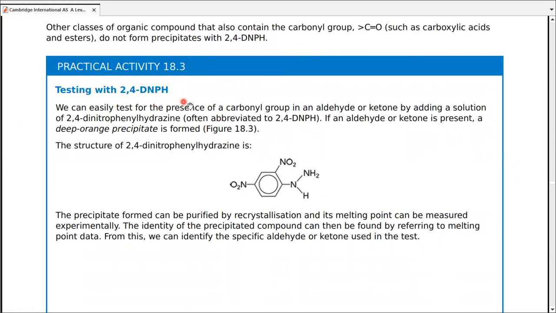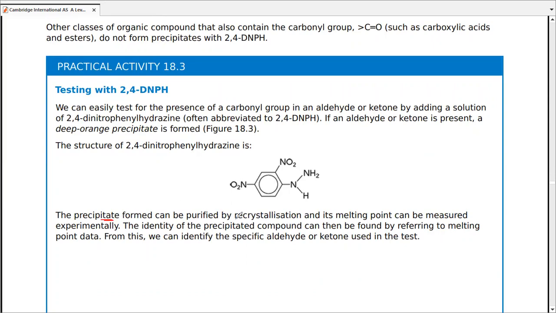So testing with 2,4-DNPH, if we add it to an aldehyde or ketone, we get a deep orange precipitate. This precipitate gives us the idea of the 2,4-DNPH test being positive. Now, there is one simple line which is important for paper 2 and paper 3.